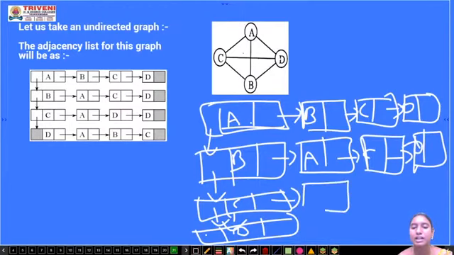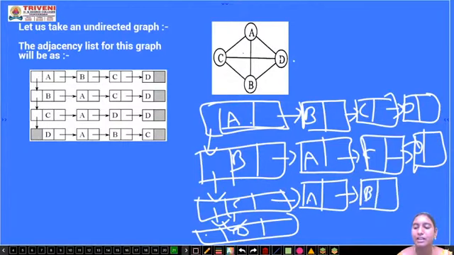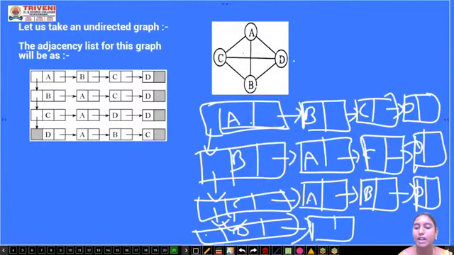Again C is connected to A, B and D, that's why A and again B, and then next one is D. So next one is D is connected to A, B and C, that's why I have to write A and B and C. So that is in the linked list representation.